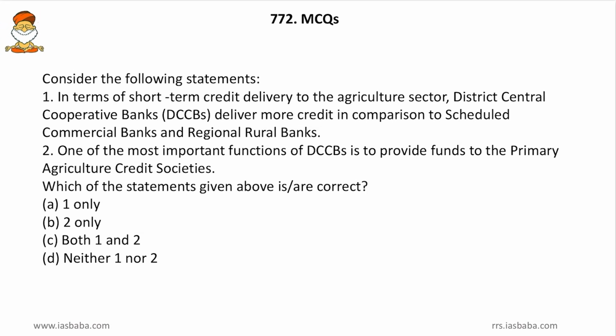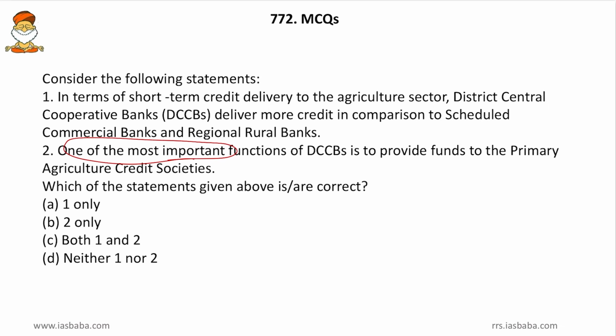Friends, these cooperative banks are set up with a basic intent for helping the poor people. So hence agriculture credits they have to give, and the statement also says that it is one of the most important. So this one of the most important is very moderate, and hence statement 2 stands to be correct, and there are no other options. And moreover, it is very difficult to prove that it is not one of the most important factors for DCCBs. So hence 2 is correct.